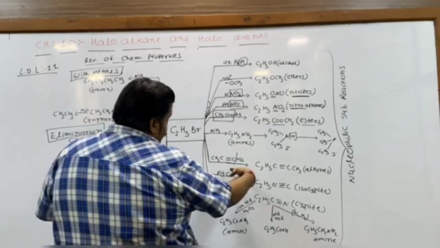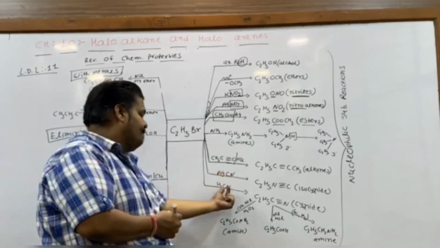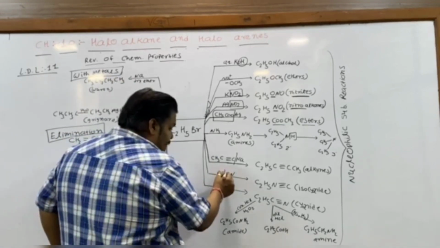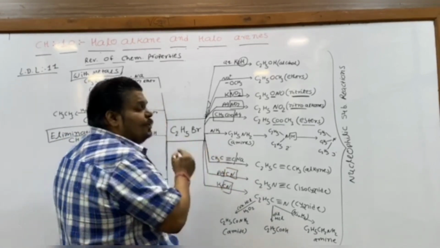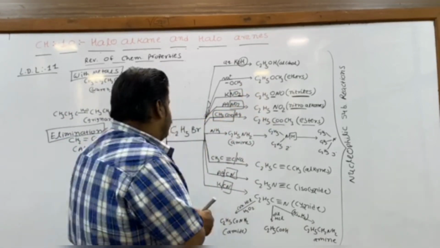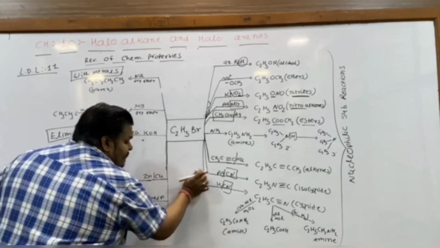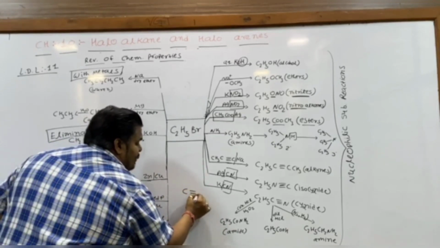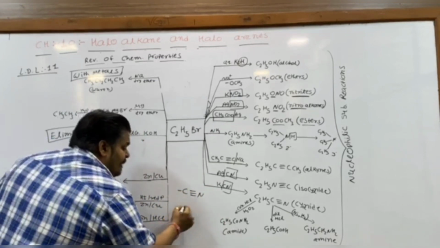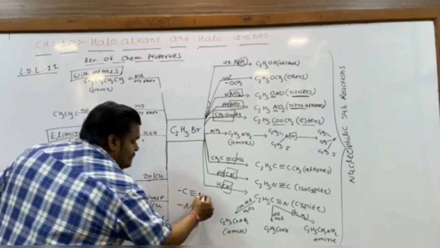Again we have two important reagents in the form of AgCN and KCN, called cyanide compounds, with CN as a nucleophile. But again, like NO2, CN also possesses two different coordination sites. The cyanide group possesses C triple bond N. But if it is N triple bond C, it is called isocyanide.